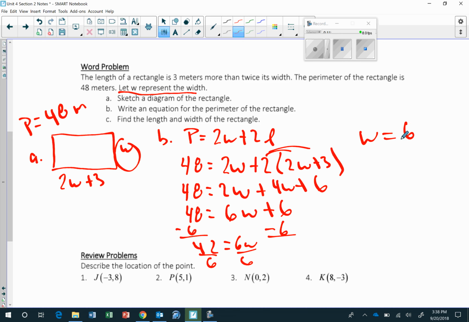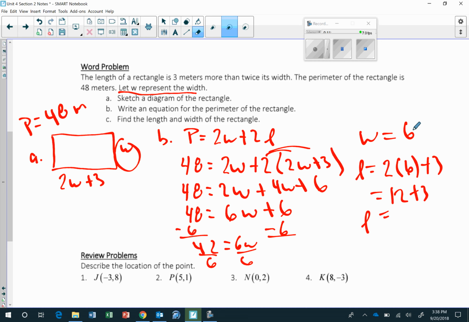We also need our length, which is 2 times the width plus 3. So that's going to give us a width of 7.